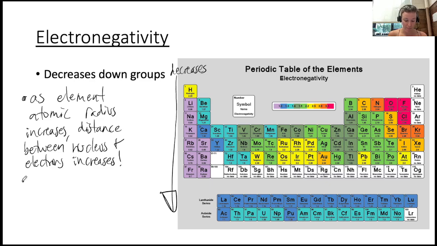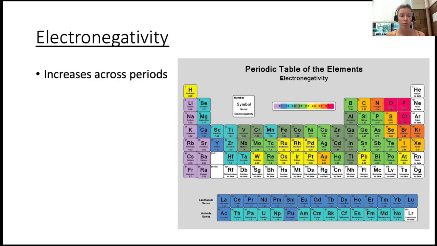Therefore, the pull decreases since they are farther away. An electron doesn't feel the pull as much if it's very far away from the nucleus.